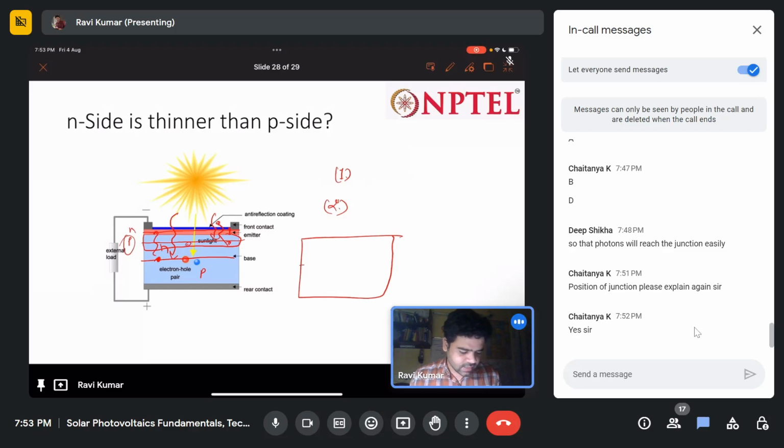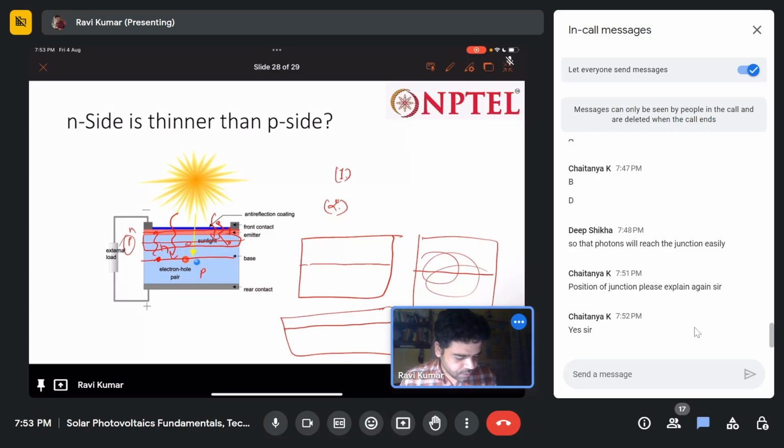If it is like this, this is the junction, and we have quasi-neutral regions.